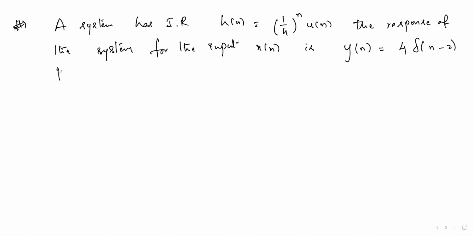You find the input x of n. This kind of question is very important. Repeatedly asked questions. And also it is easy to solve these kinds of problems. Everybody can solve these problems.